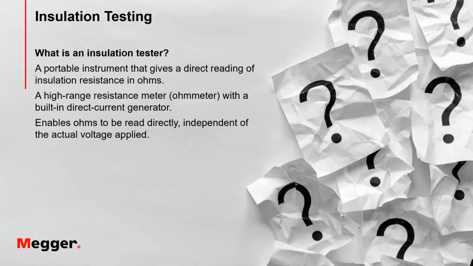The older testers, you used to have one fundamental direct measurement at a specific voltage, usually 500 volts, and then any other voltage, you would have to apply a multiplier or a divider to adjust your reading. Well, you don't have to do that anymore. All the new testers are direct reading. What you see is what you get.